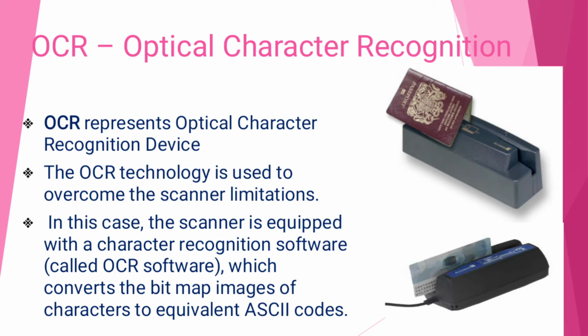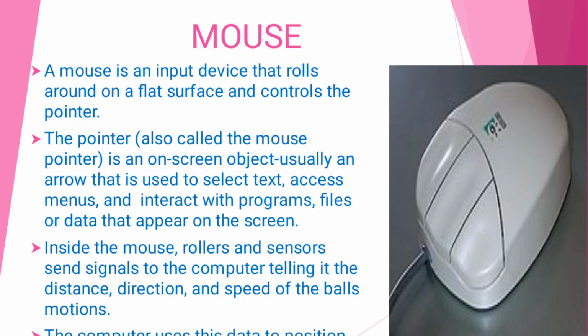Most mice are mechanical. They contain a small rubber ball that protrudes through a hole in the bottom of the mouse case. The ball rolls inside the case when you move the mouse around on a flat surface.